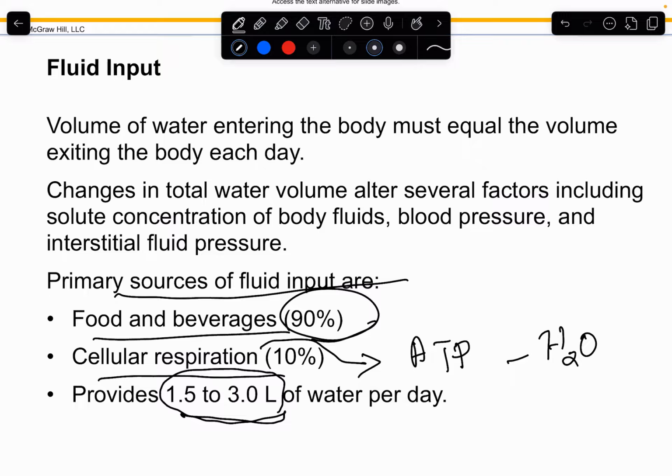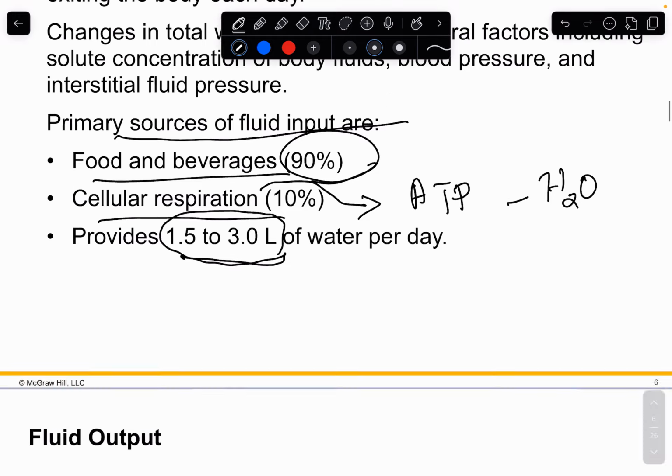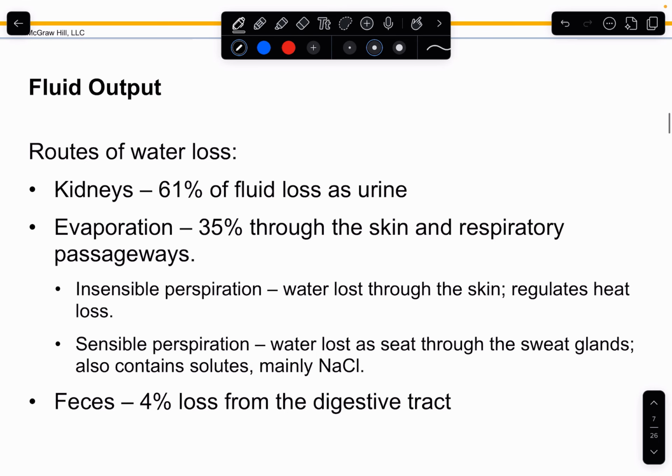Normally, the amount of water entering the body should equal the amount of water leaving the body. Fluid output. Water leaves the body through different pathways.